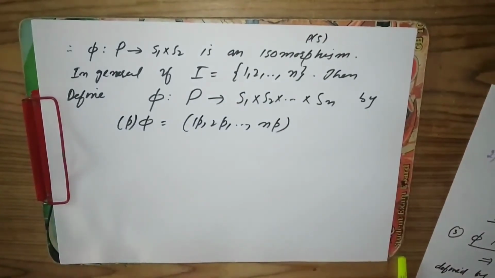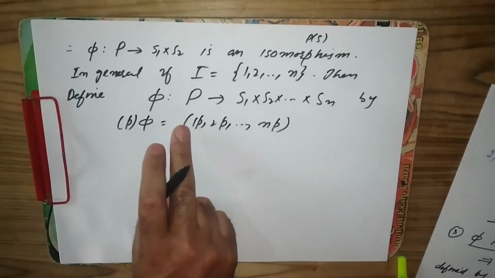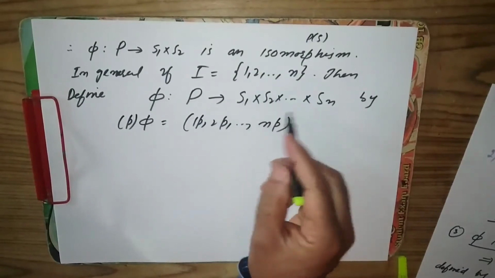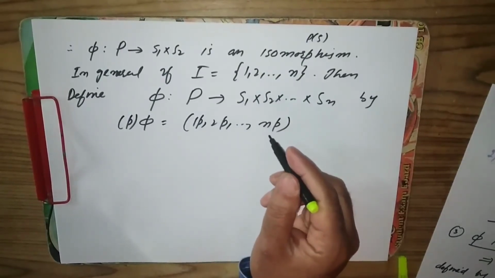So there is a one-one correspondence between this product which we have defined and the Cartesian product of these n semigroups.